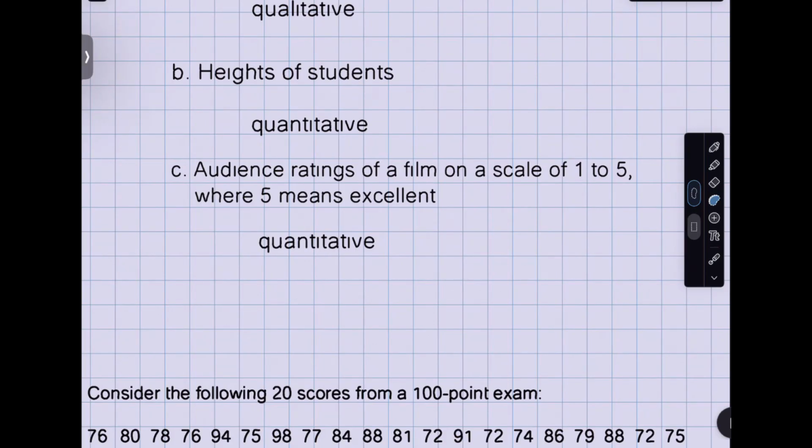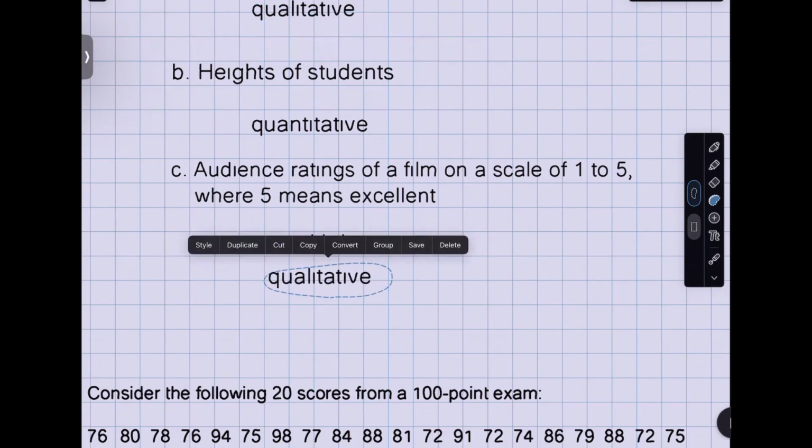You're rating a film, but you're rating on a scale. It's not both. This is qualitative.